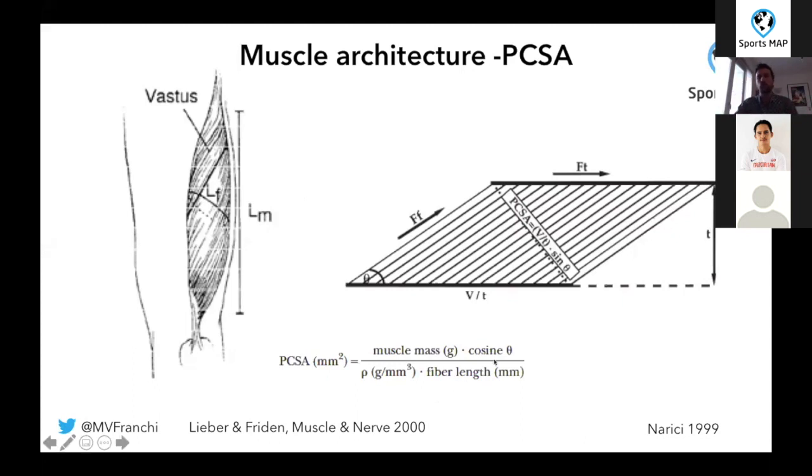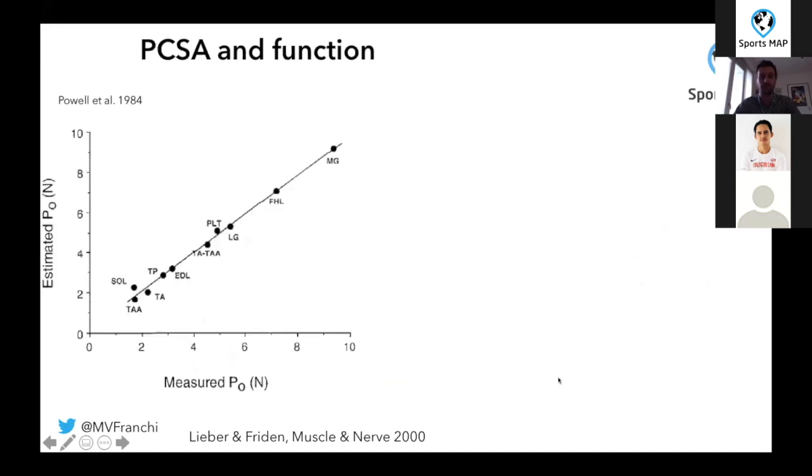We do not have to dwell a lot on this equation, but what I want you to see is that pennation angle and fascicle length are part of it, so they can influence physiological cross-sectional area. And actually, physiological cross-sectional area is a property of a muscle that is related to its maximum force production.